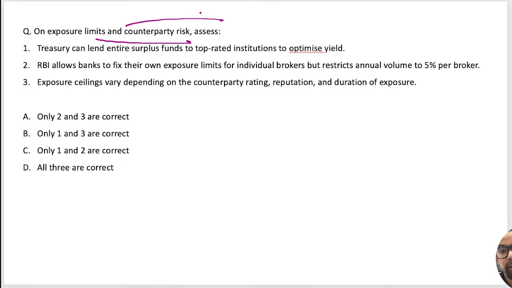So treasury can lend the entire surplus fund to a top rated institution to optimize the yield.